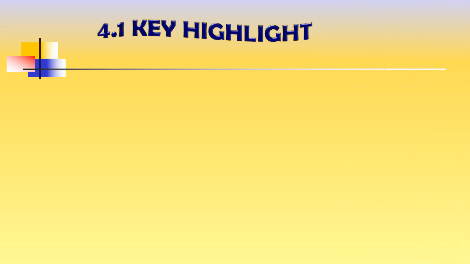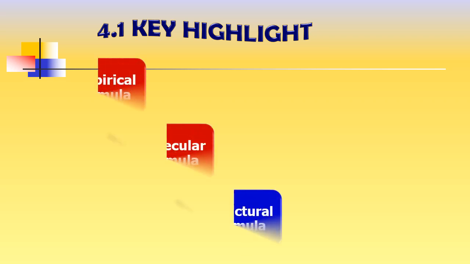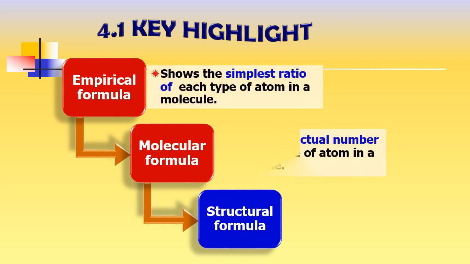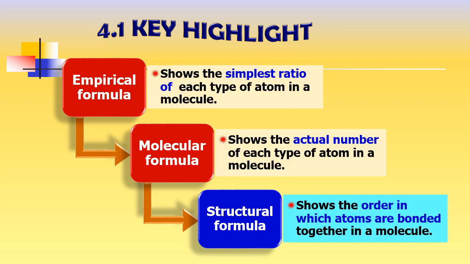Organic compounds have three different types of formulas, namely the empirical, molecular, and structural formula. But the key highlight is the structural formula that shows the bonding order of atoms in a molecule.